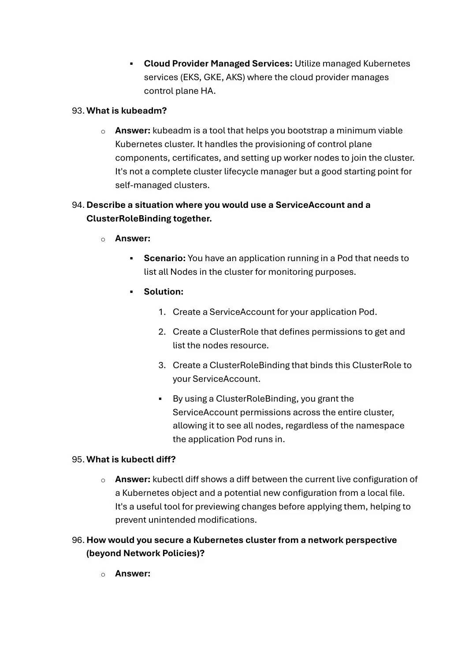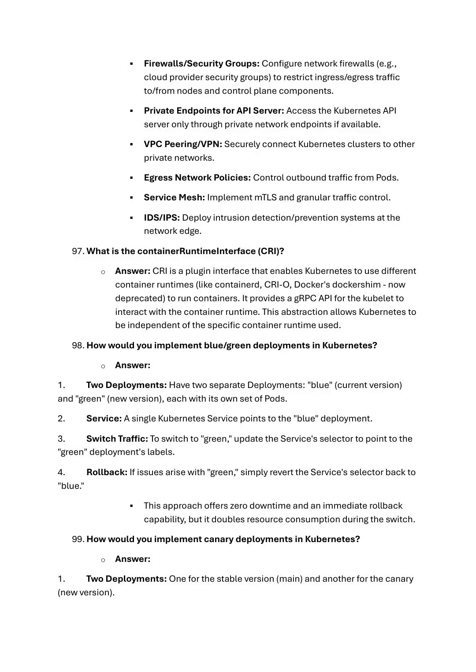96. How would you secure a Kubernetes cluster from a network perspective, beyond network policies? Answer. Firewalls, security groups. Configure network firewalls, for example, cloud provider security groups, to restrict ingress and egress traffic to and from nodes and control plane components. Private endpoints for API server. Access the Kubernetes API server only through private network endpoints if available.